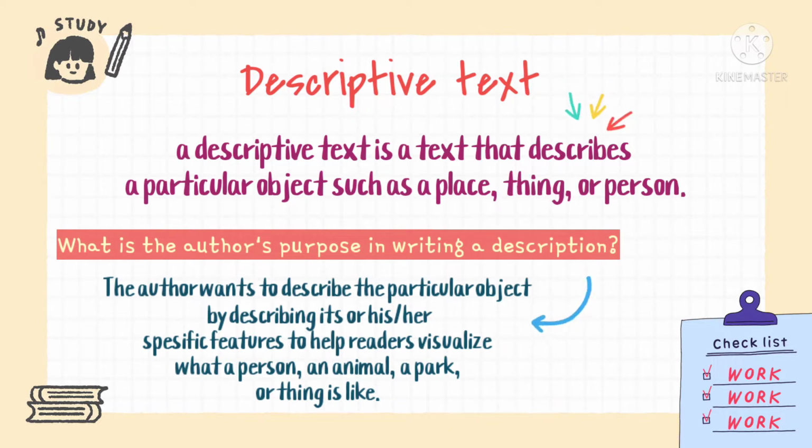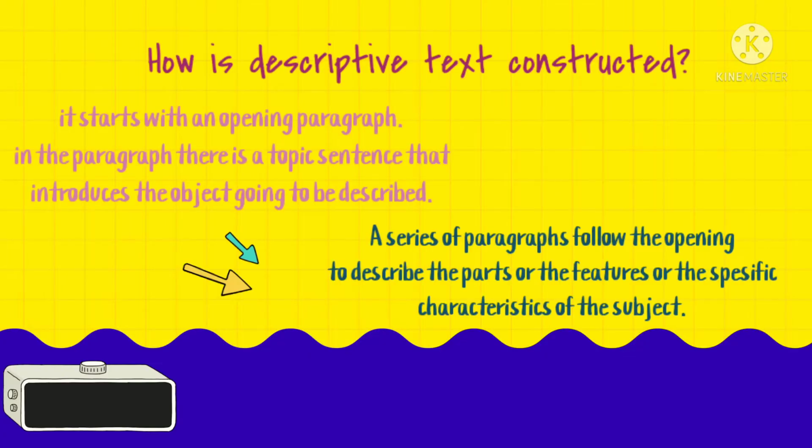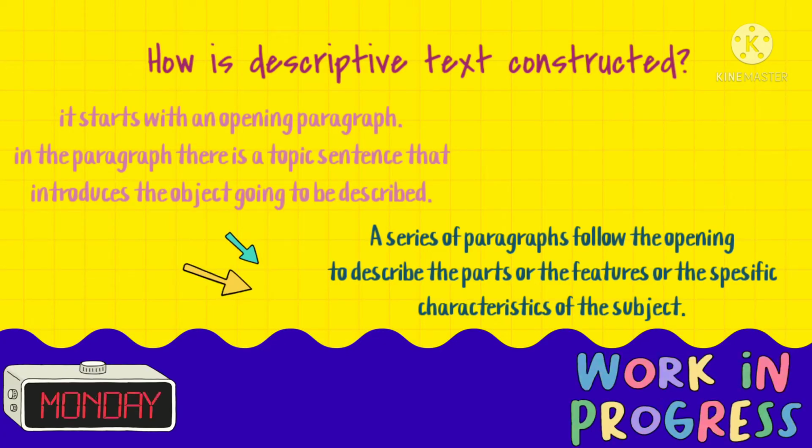And what is the author's purpose in writing a description? The author wants to describe the particular object by describing its or his or her specific features to help readers visualize what a person, an animal, a place, or a thing is like. So how is descriptive text constructed?